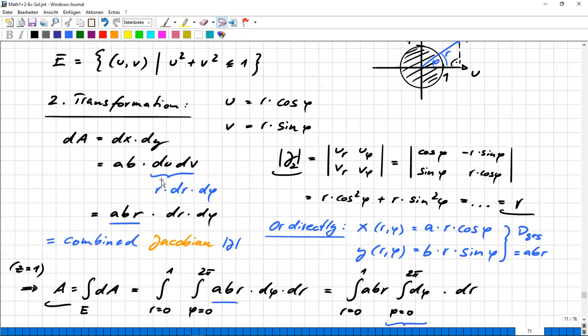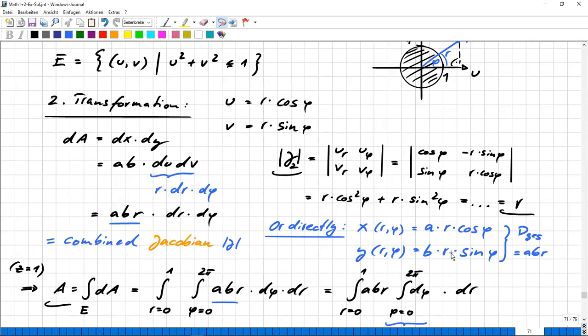Okay, so just for your information, the combined Jacobian may also be taken, performing all we've done in one step, which would mean that x of r and phi equals a times r times cosine of phi, and y of r and phi equals b times r times sine of phi. So this would be the total coordinate transformation that we need.